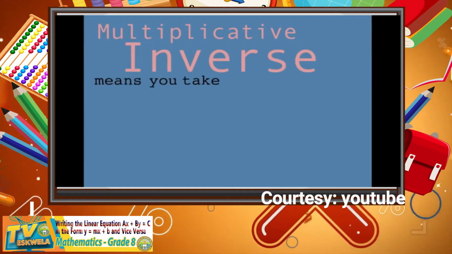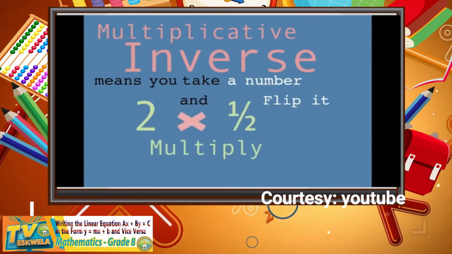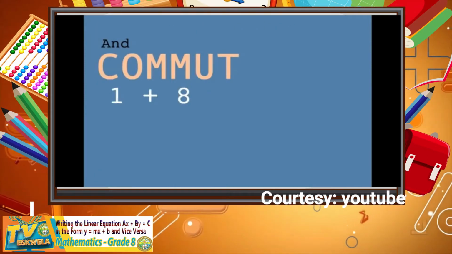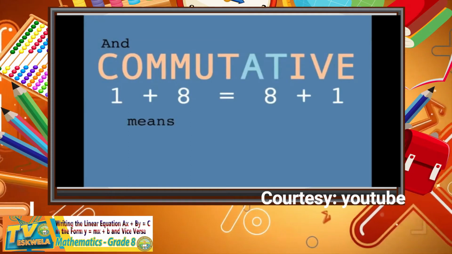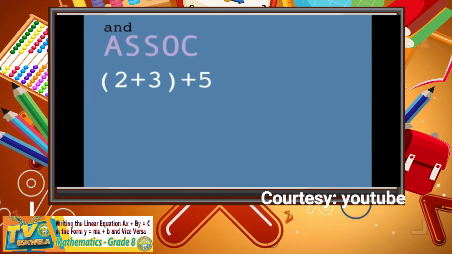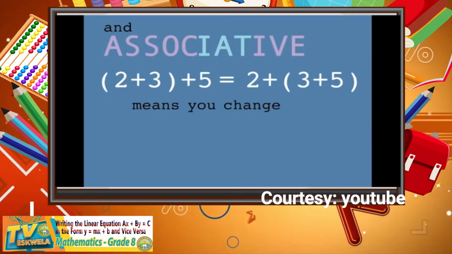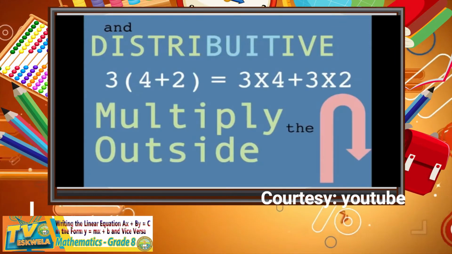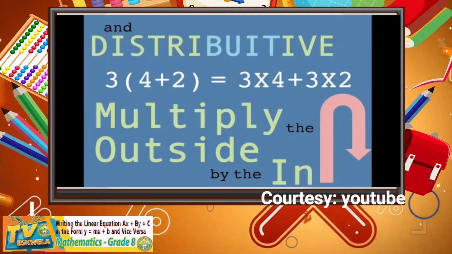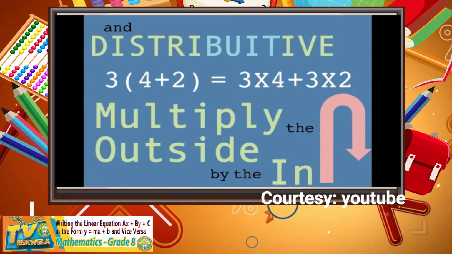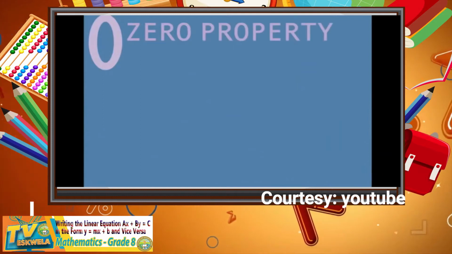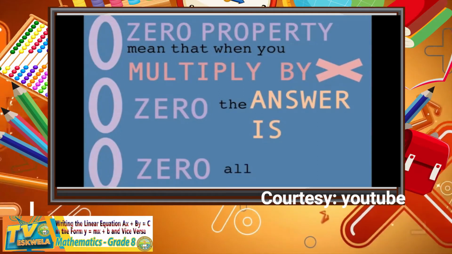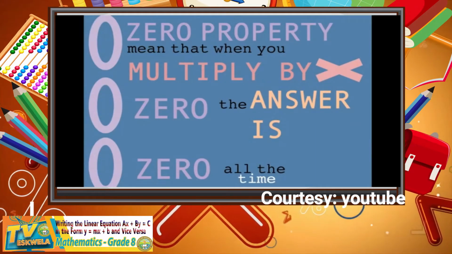Multiplicative inverse means you take a number and flip it. You multiply across, the answer's always 1. Zero properties mean that when you multiply by 0, the answer is 0 all the time.